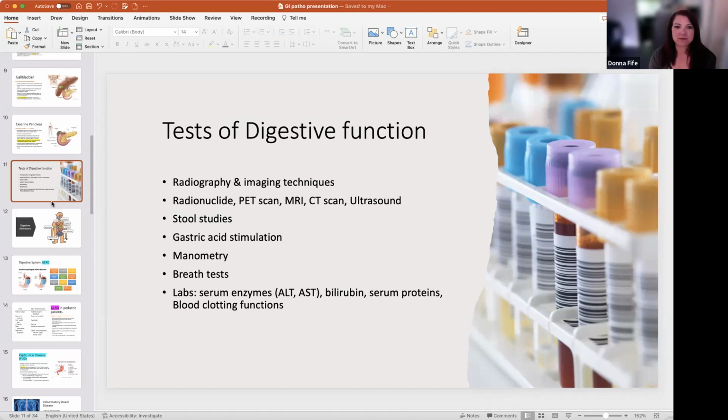I had to do that test, and it was very involved. I had to breathe into test tubes every 15 minutes or so for a couple of hours. It was a very involved test. And then different labs you might have done are the serum enzymes such as the ALT and AST, bilirubin, serum proteins, and different blood clotting functions.